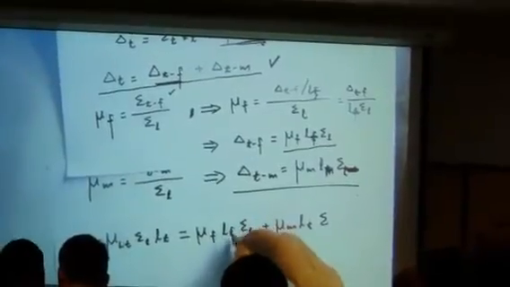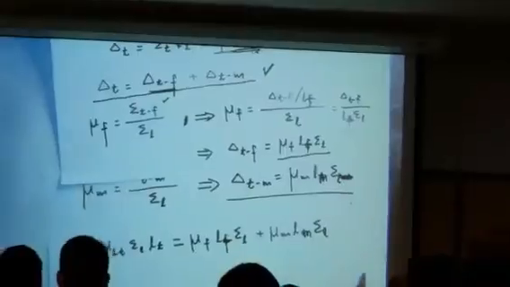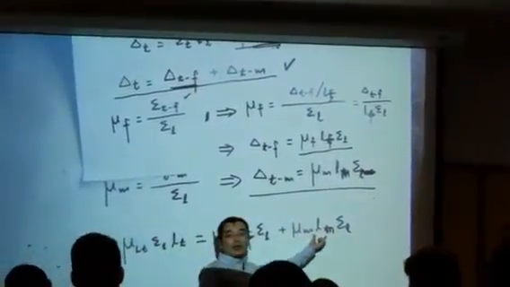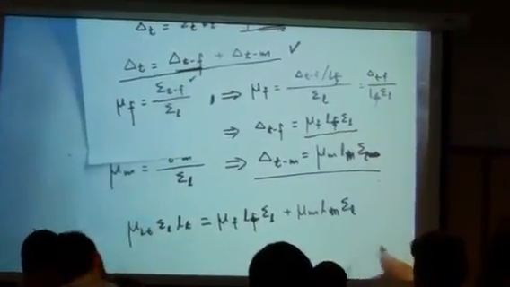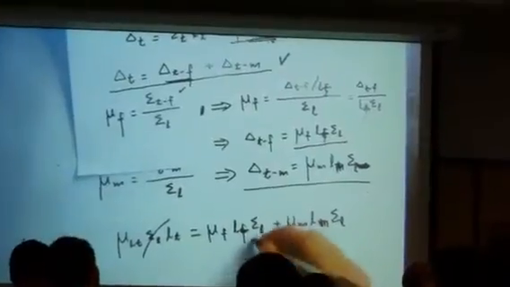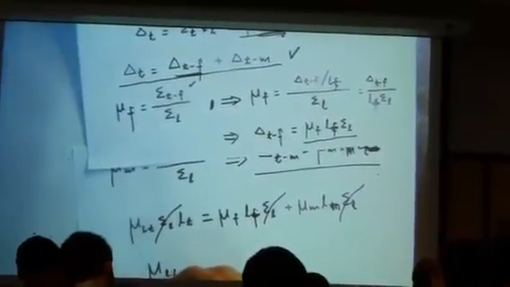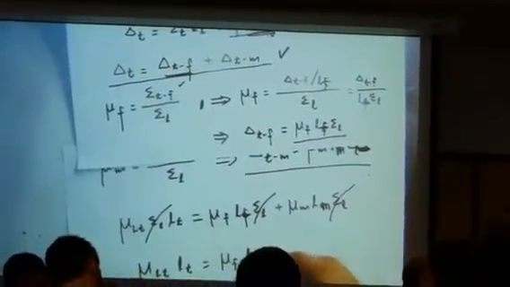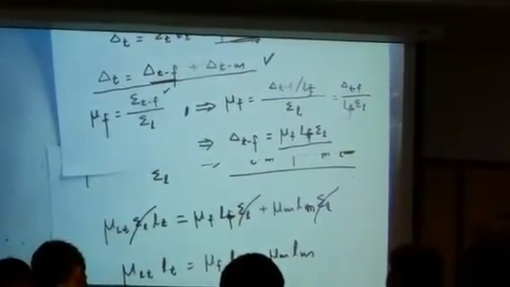So this is F. This is M epsilon L. Mu F LF, mu M LM. Awesome. And epsilon L everywhere is the same. You can take this away, right? So you have mu LT times LT equals mu F LF plus mu M LM. And then divide LT on both sides.